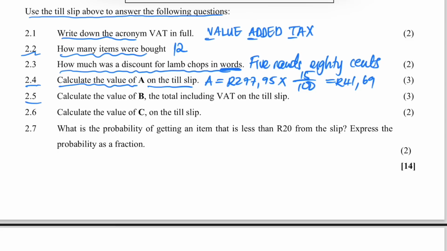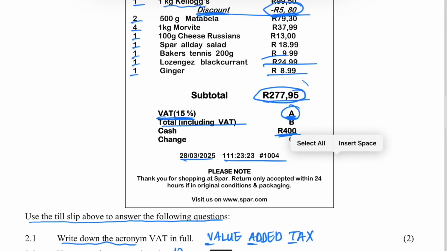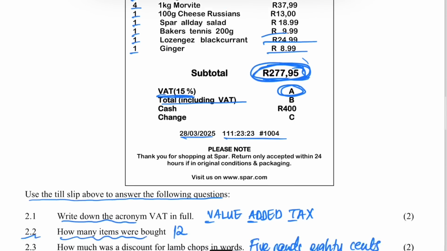Now in 2.5, it says calculate the value of B, the total including VAT. So it wants the whole amount, which is B. The B is the whole amount that includes the VAT. That means we're going to take this amount and add it with the 15%.